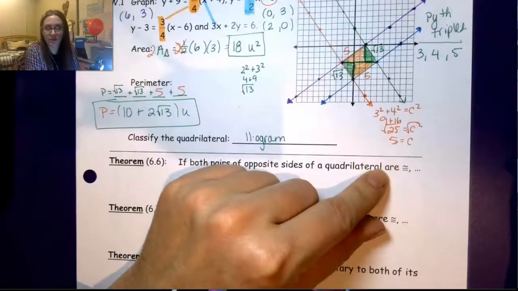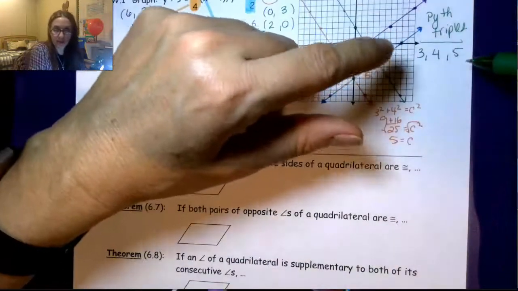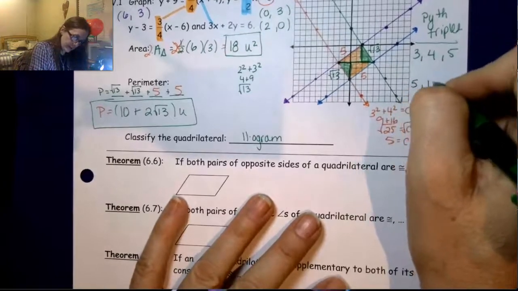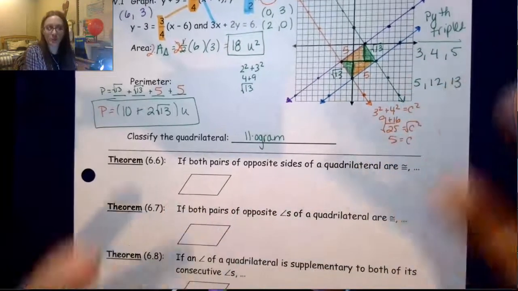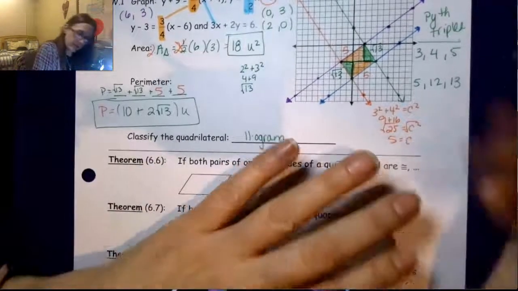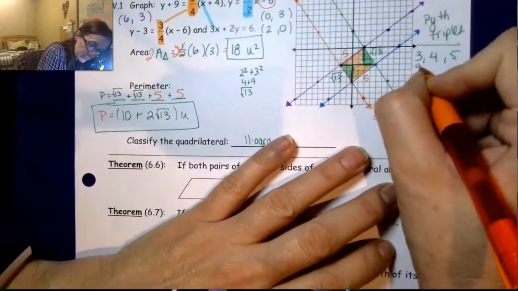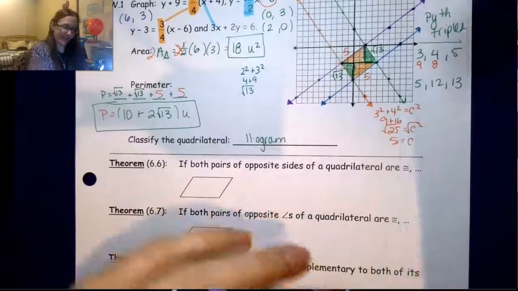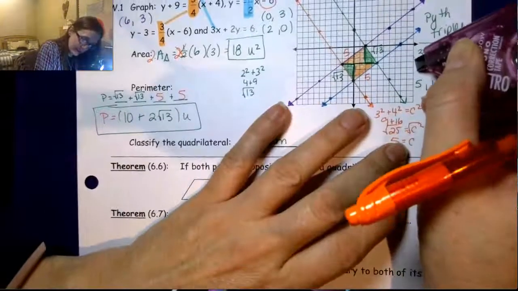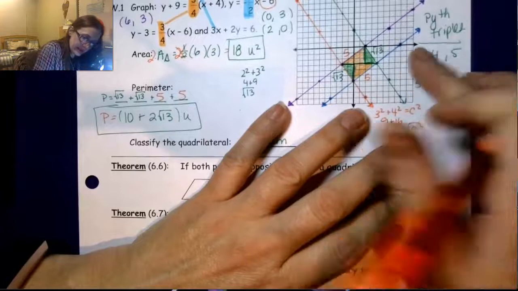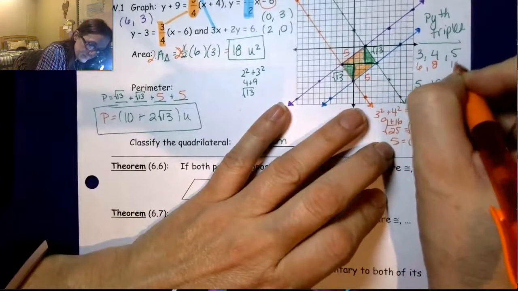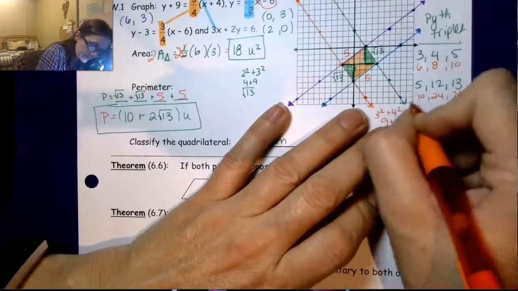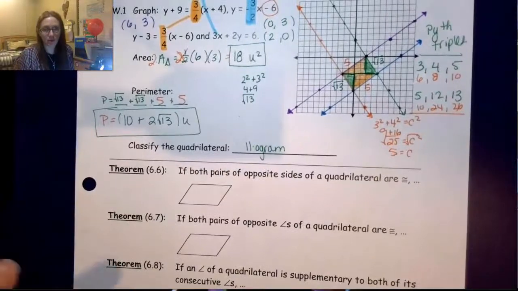Our second most common is 5, 12, 13. And then any multiple of those. With 3, 4, 5, 3 times 2 gives a 6, 8, 10. 5, 12, 13 would be 10, 24, 26. Those are Pythagorean triples, and they're going to work every time.